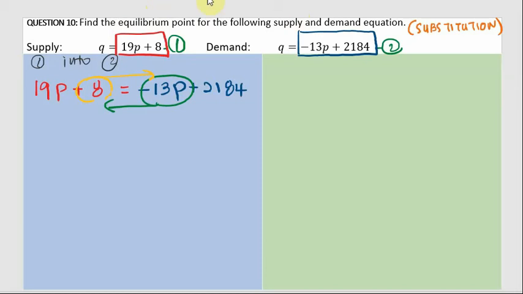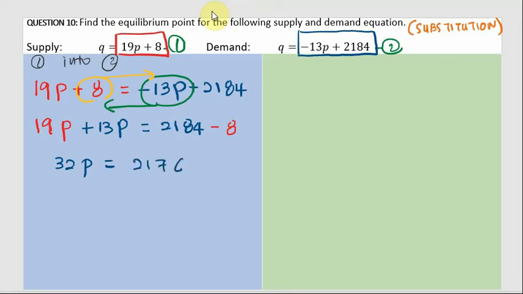So we have 19p, and from negative 13 it becomes positive, p equals to 2184, and positive 8 becomes negative 8. Now 19p plus 13p gives 32p equals to 2184 minus 8, which is 2176.